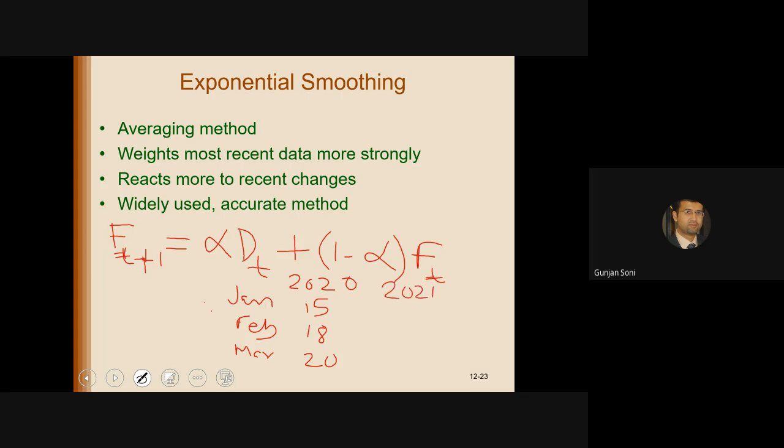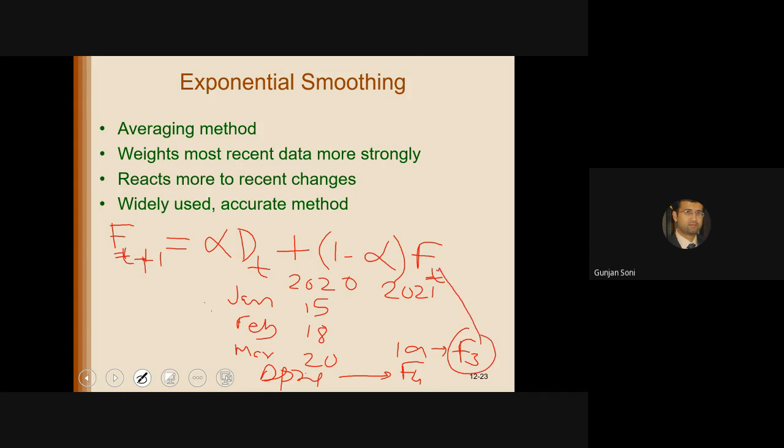The forecast for the previous period is available with us, and we want to find out for April, from March. So we will say it is F4, and F3 will be this data. Let's say the forecast for the previous month was 19. So your F3 will be 19.